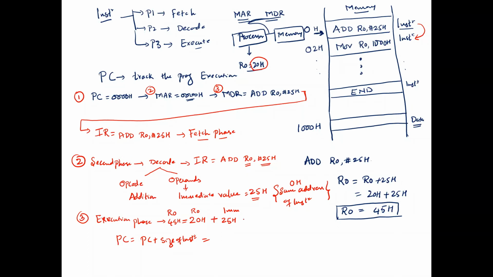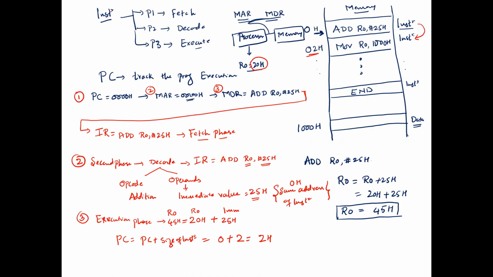What was the starting address? It is 0. And what is the size of this instruction? Considering it is 2 bytes, we add 2. Now the address of PC will become 2H, right? So now I'm going to execute the second instruction.